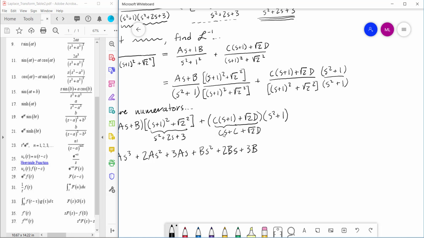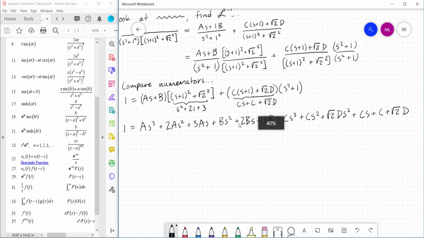This might make it a little easier to see, so let's do the cs times each of those, then the c times each of those, then this term times each of those. So we're going to get cs cubed, that's this term times this term. Now do c times the s squared plus root 2d s squared. And then lastly, we're going to hit the 1 on all of those and get a plus cs plus c plus root 2d.